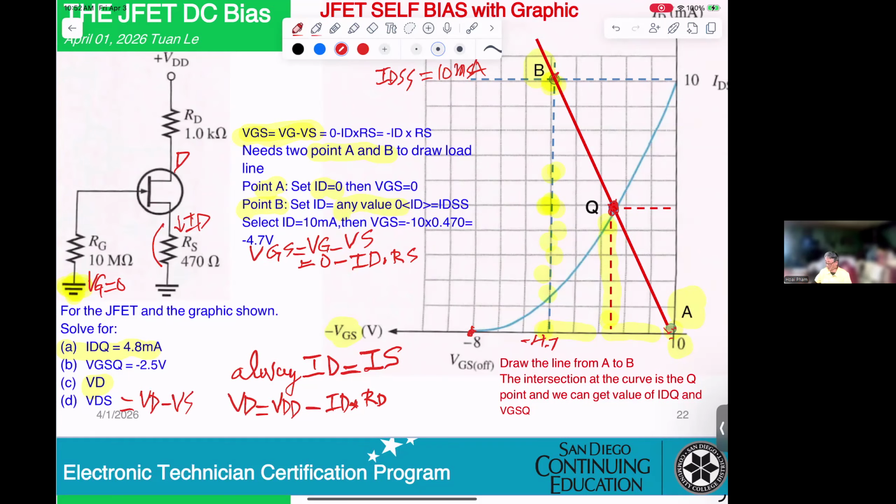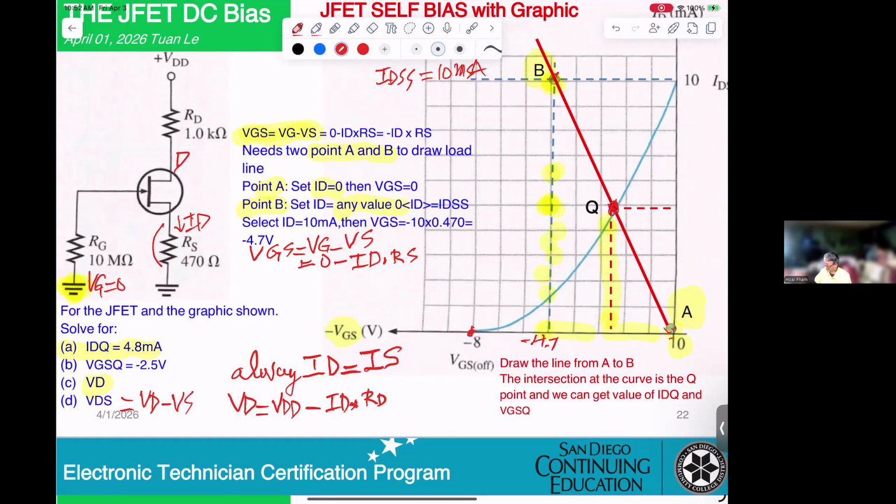Summary of the self bias. Okay, to solving a self bias, either they given you a little more information, write down the graphic. If you don't have any more information, then they have to give to you the graphic.